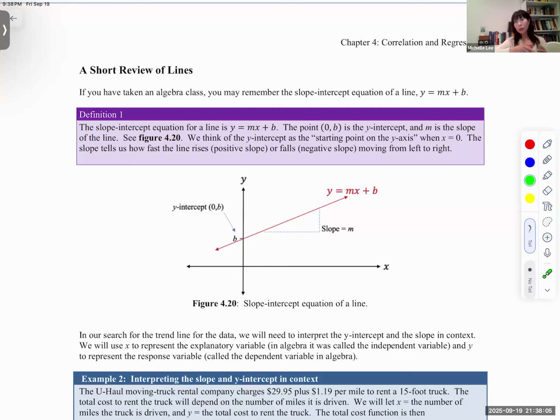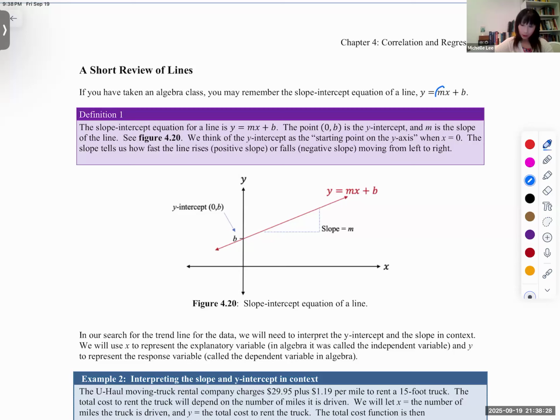Let's review the straight line. We have the slope-intercept form, which is the linear equation. Let's take a look.